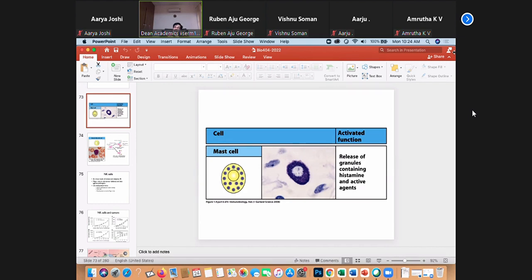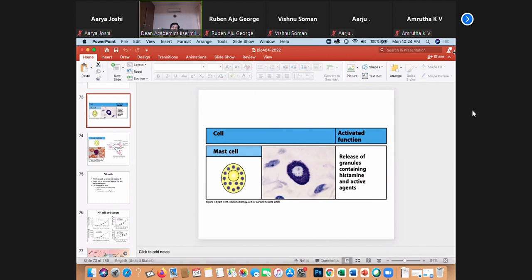But now we are discovering that, for example, NK cells, which are part of the lymphoid lineage, are considered part of your innate immune system, right? So there are always some shared features between these cells.